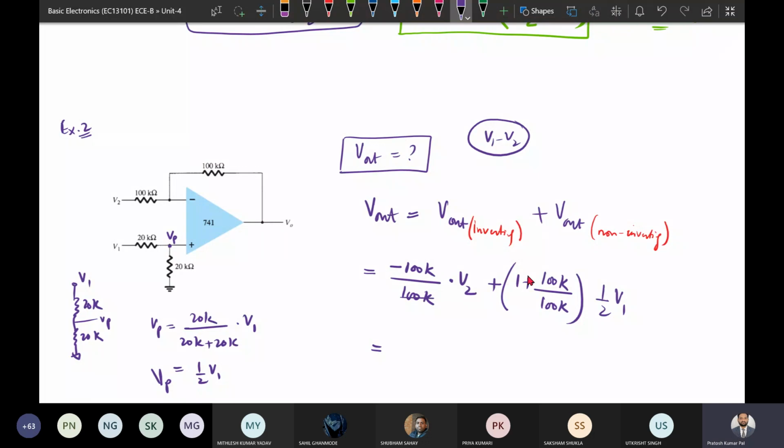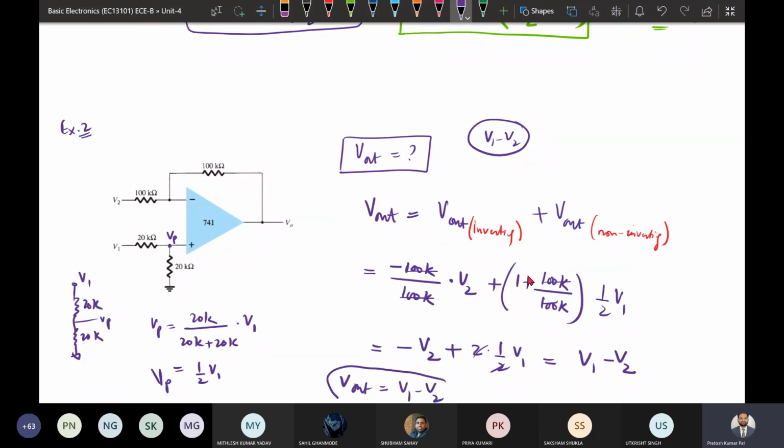So it will be minus V2 plus 1 plus 1, that is 2 into 1 by 2 into V1, so it is V1 minus V2. So V output will be V1 minus V2.